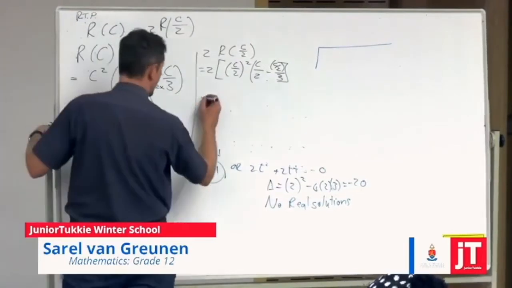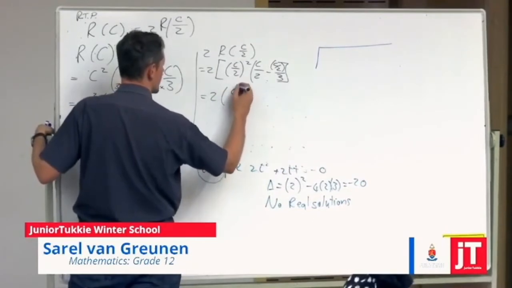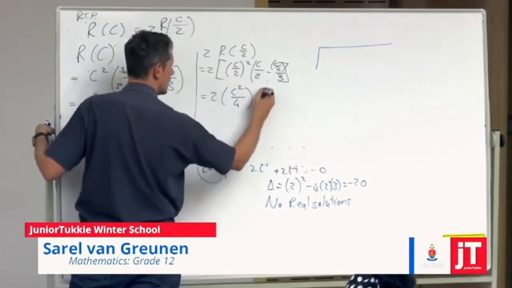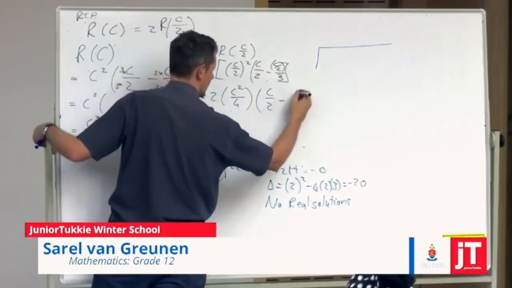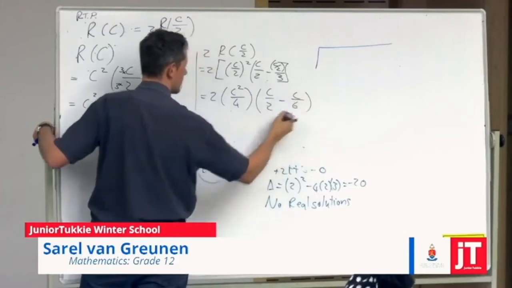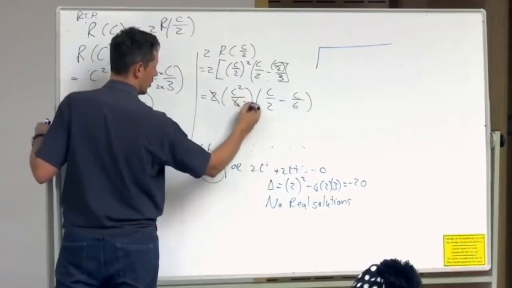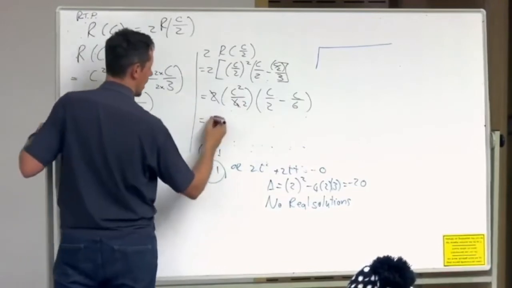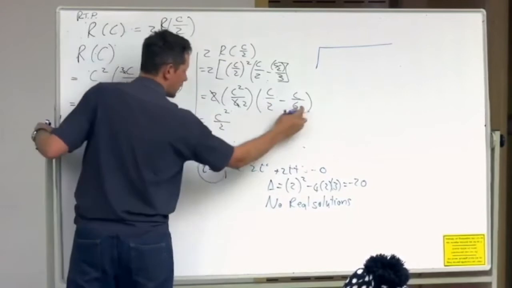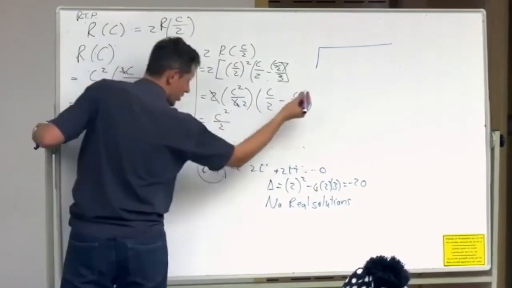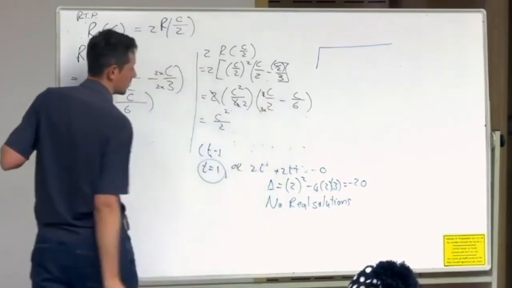So what am I going to do now? Well, this is 2C squared over 4. This is C over 2 minus C over 6. 2 goes into 4 twice, so I'm left with C squared over 2. Put this on the LCD, which is 6, so times by 3 and times by 3.